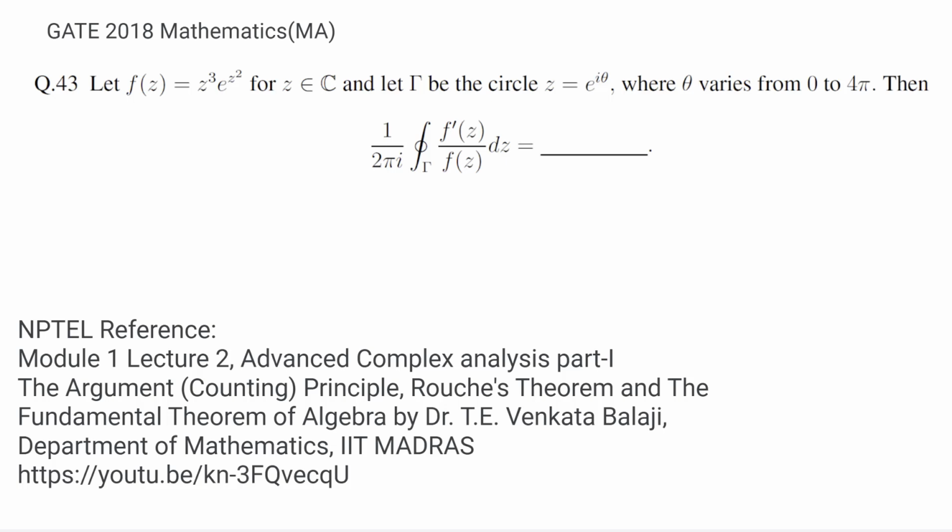Even if there is any multiple of f dash of z divided by f of z, in that case also you should apply an application of the argument principle. So for this problem, since it is given f dash of z divided by f of z, we apply the argument principle.